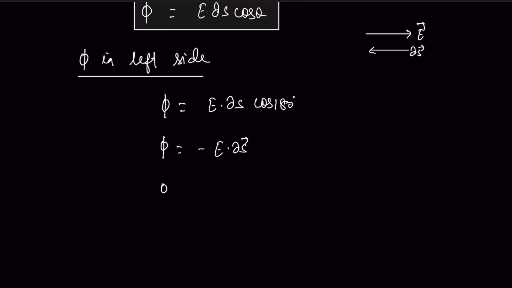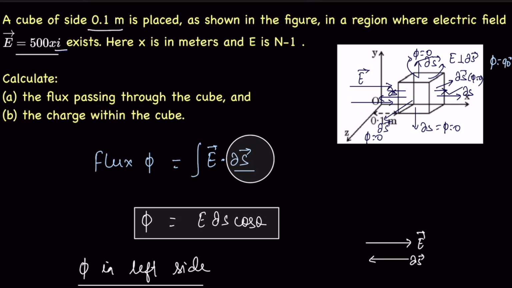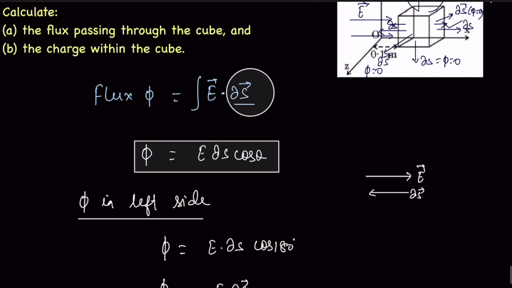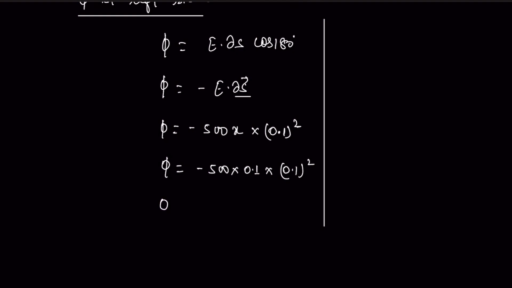So flux we can write as minus 500x into area, which is 0.1 whole square, because its side is 0.1, so the area of a square is side square, and the x distance is 0.1 meter. So flux is equal to minus 500 into 0.1 into 0.1 whole square. So flux will come as minus 0.5 newton meter square per coulomb.